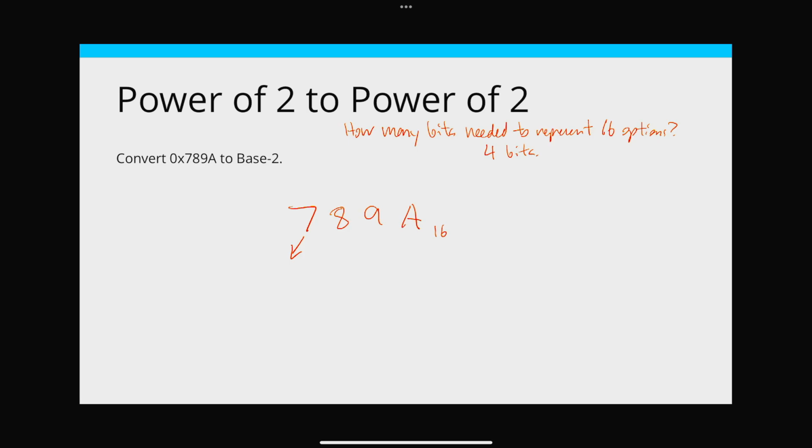Well, that is 0, 1, 1, 1. 8 is 1, 0, 0, 0. 9 is 1, 0, 0, 1. And A is 1, 0, 1, 0. So this right here is whatever 789A in hexadecimal was in binary.